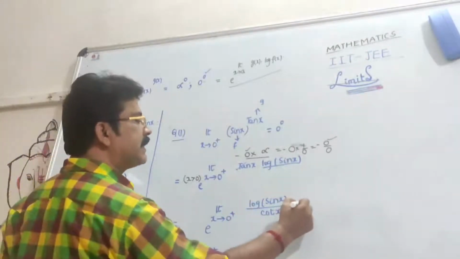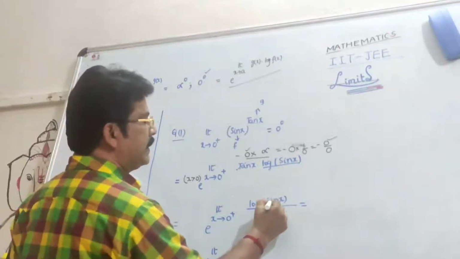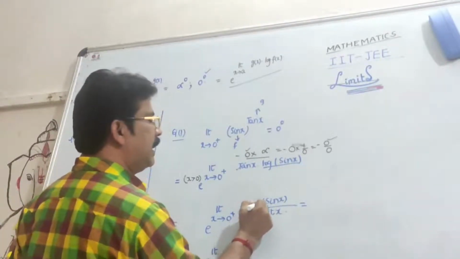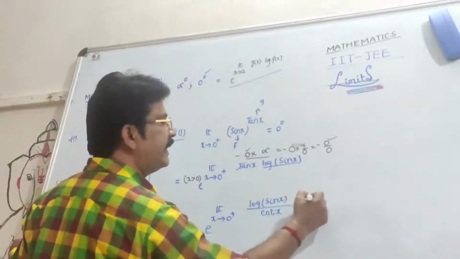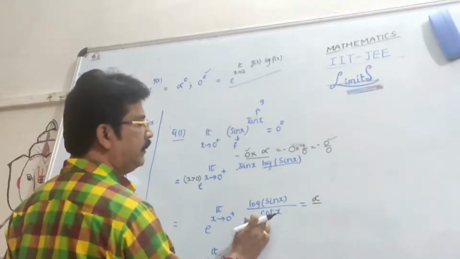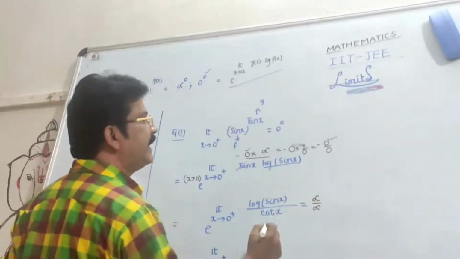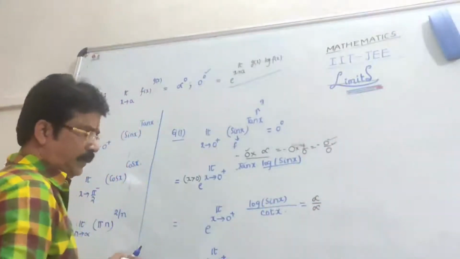Now it is clear that by substituting x equal to 0, logarithm of sin 0, it is infinity, divided by cot 0, infinity. It is infinity by infinity, or we can obtain 0 by 0 just like that.